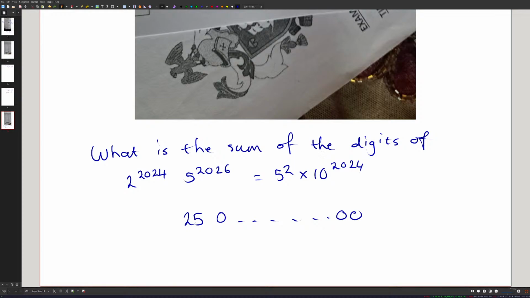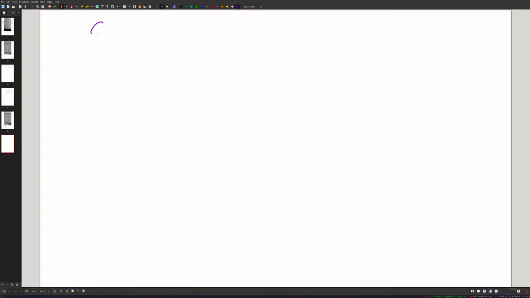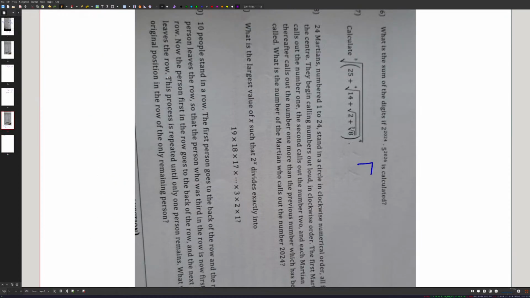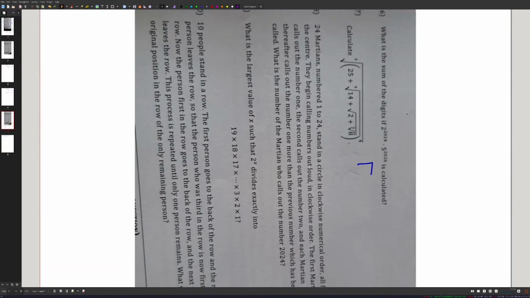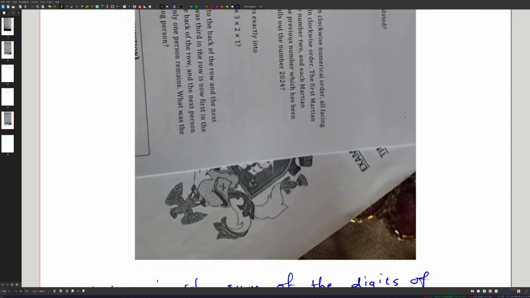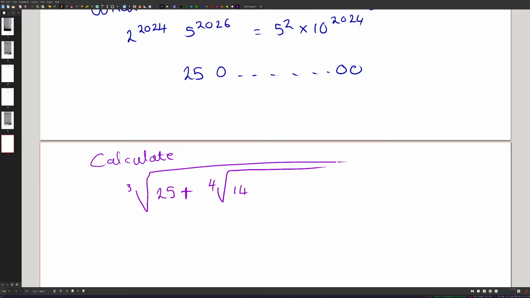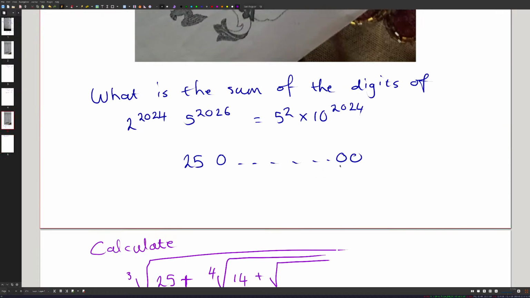Okay, calculate the, oh, that looks horrendous. Okay. Calculate the cube root of 25 plus the fourth root of 14 plus the square root of 2 plus the cube root of 8.